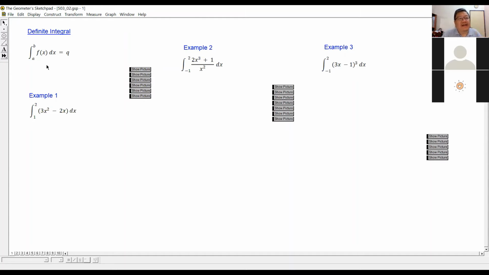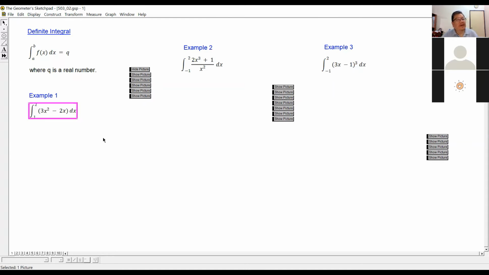The final answer is not an expression involving x. The final answer is a number. So whatever you do to this function, integrate f(x), you have to substitute in numbers, and finally the answer is a number.